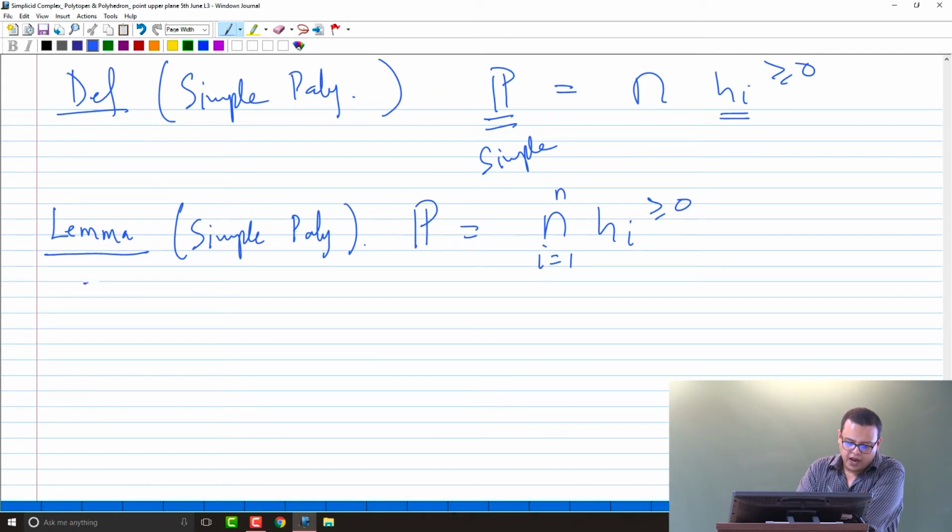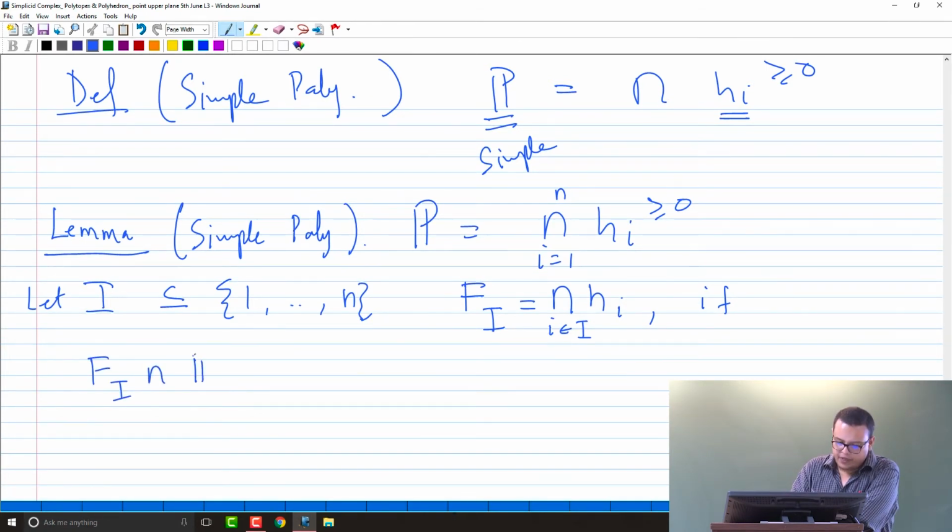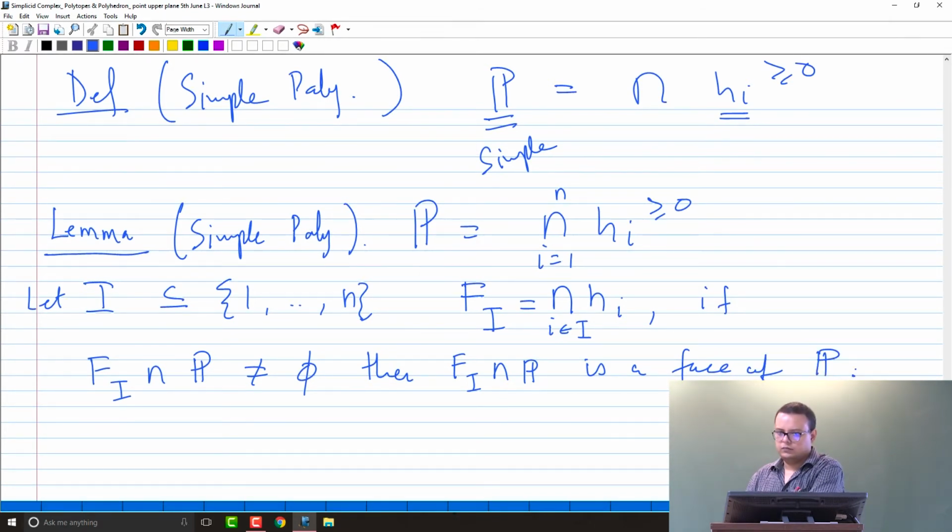Suppose I let I be a subset of 1 to n, and I define F of I, which is equal to the intersection of Hi's, where Hi is the corresponding hyperplane of these half spaces, i belonging to I. If F_I intersection P is not equal to empty, then F_I intersection P is a face of P. Here I am working with simple polytopes, by the way. So, P is a simple polyhedron.